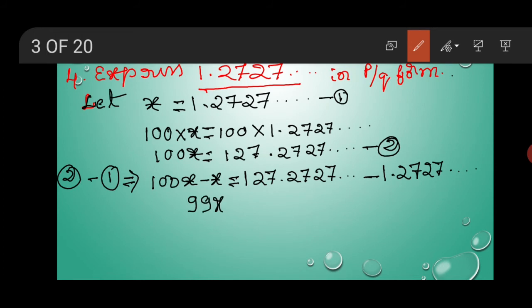Subtract. 99x is equal to, subtract here 127 minus 1.